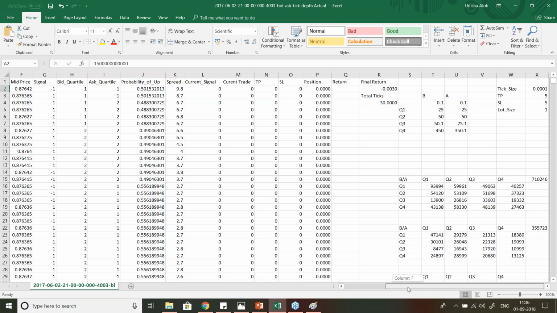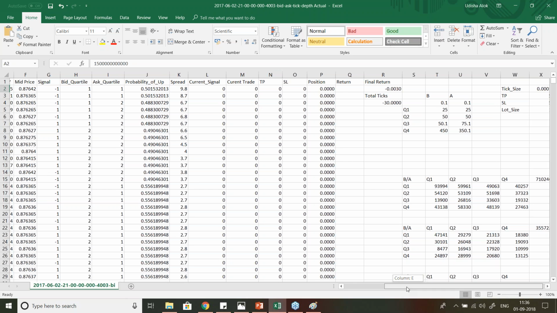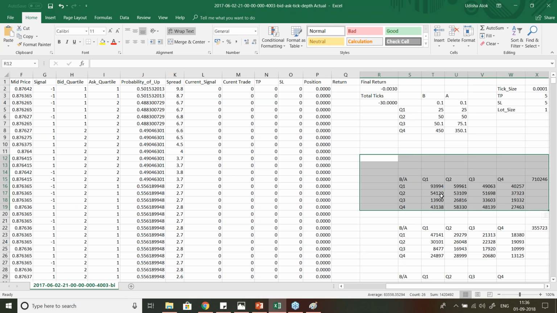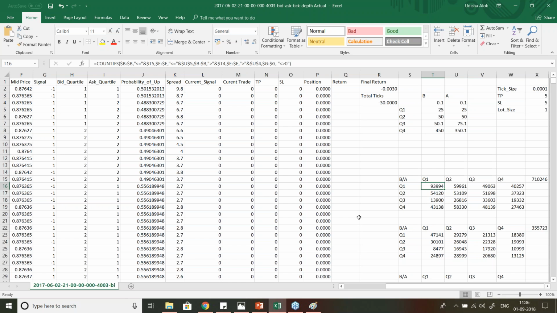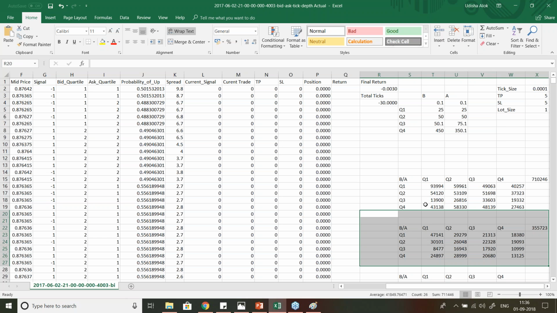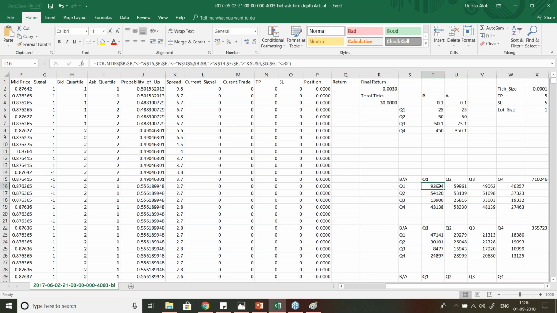So okay, now what we'll do is we have counted the number of instances where bid and ask belong to a particular quartile. Now we will understand how the market has behaved in these situations. That is, when the bid and ask are in Q1, then what happened? Has the market gone up or down?